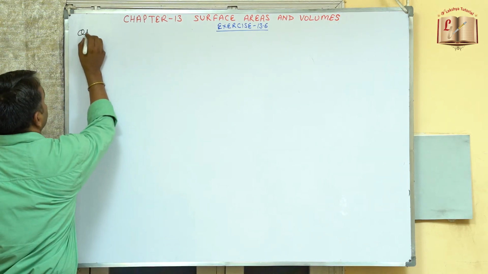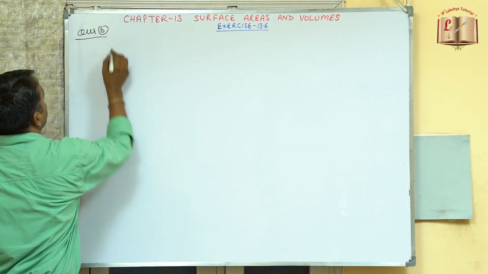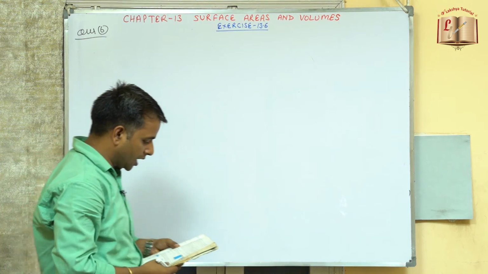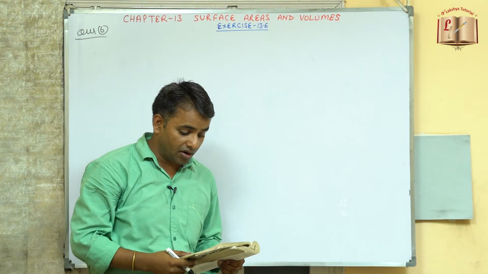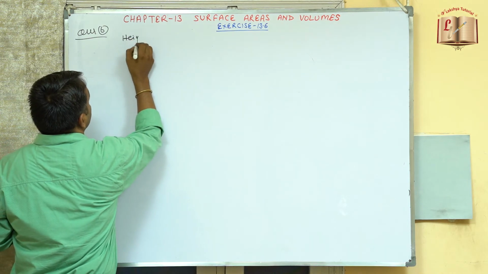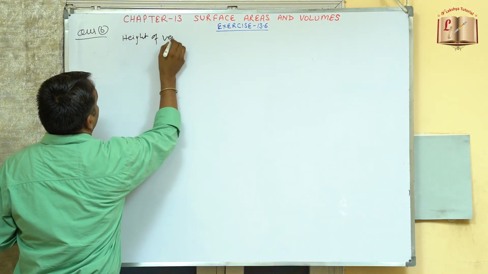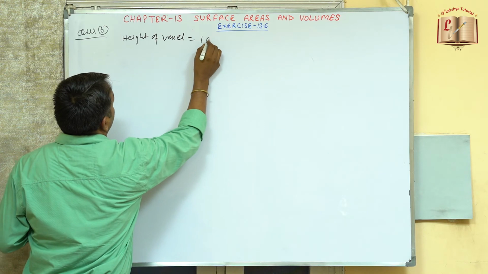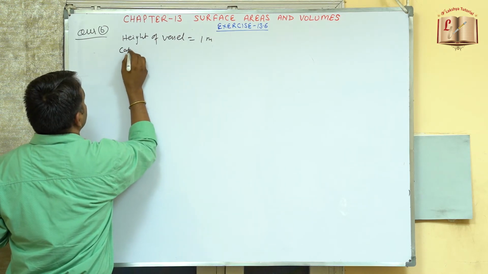So now coming to question number 6. The capacity of the closed cylindrical vessel of height 1 meter. Height is given to us. Height of vessel is 1 meter, and the capacity is given.